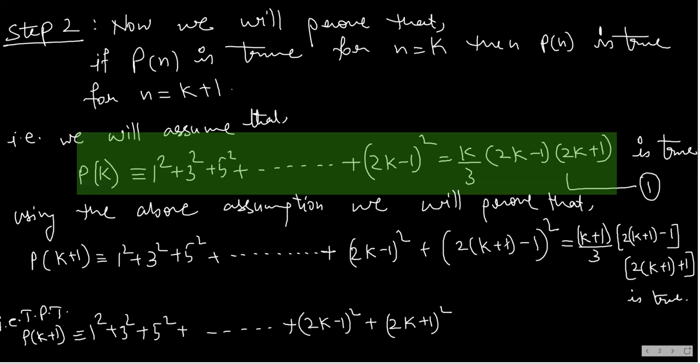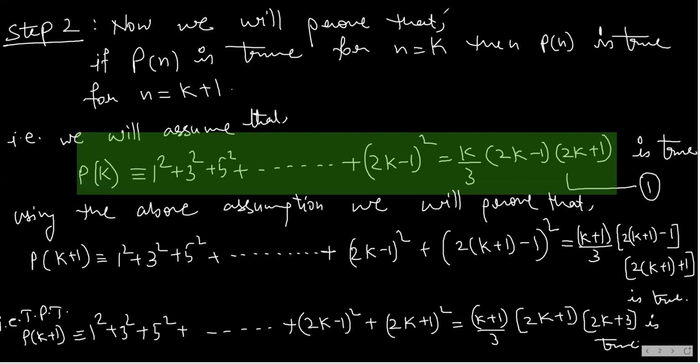See, I multiply this 2 inside, so 2 minus 1 plus 1 square equals k plus 1 by 3, and this is 2k plus 1 into 2k plus 3 is true. We have to prove this.